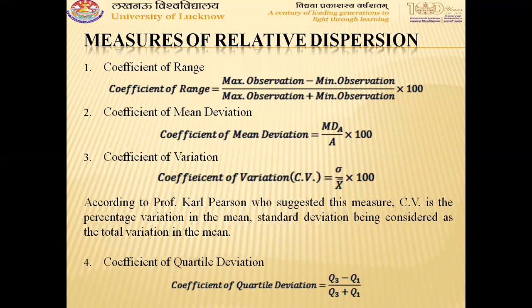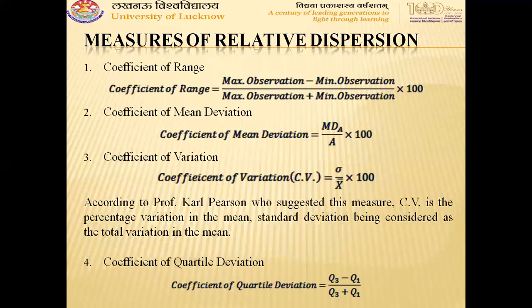Third one is coefficient of variation. Coefficient of variation is based upon standard deviation, and standard deviation uses the arithmetic mean of the observations. So for coefficient of variation, the formula will become standard deviation divided by arithmetic mean into 100, that is sigma upon x bar into 100.